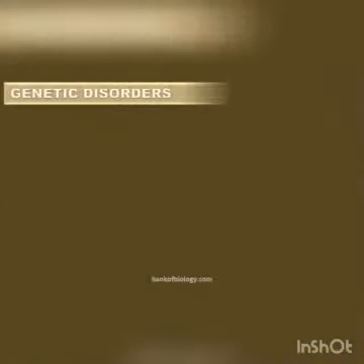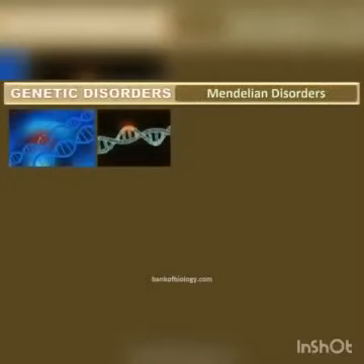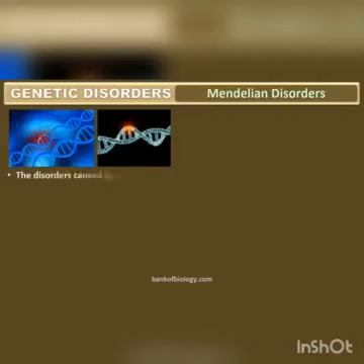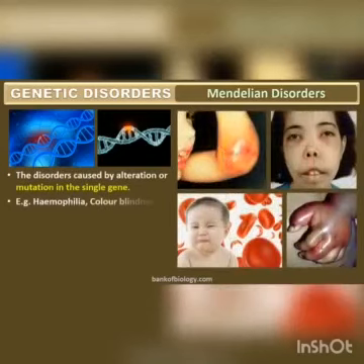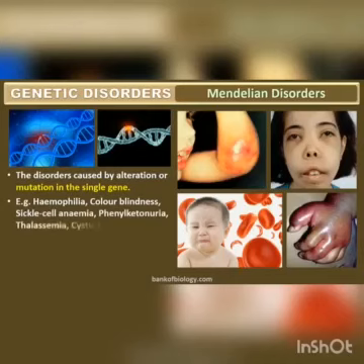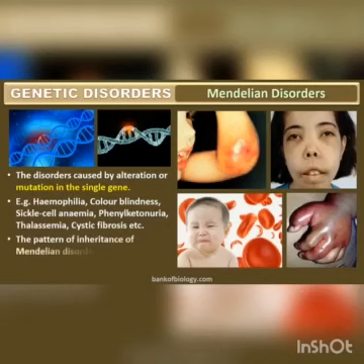First, we see the Mendelian disorders. What is a Mendelian disorder? Alteration or mutation in a single gene causes Mendelian disorders. These disorders are transmitted to the offspring on the same line as the Mendelian pattern of inheritance. Some examples are hemophilia, color blindness, sickle cell anemia, and thalassemia.